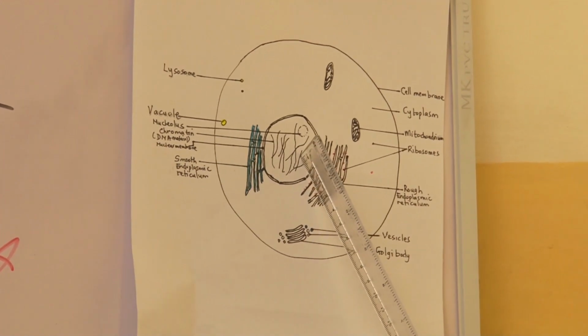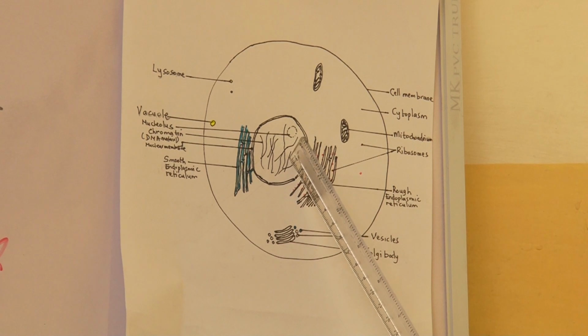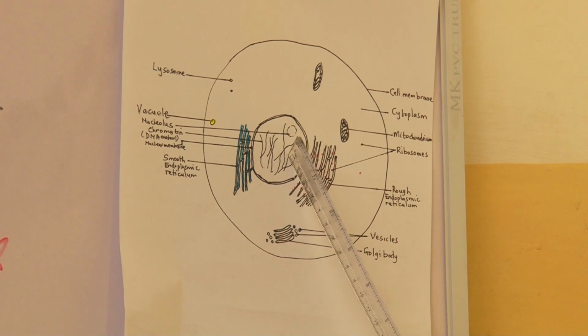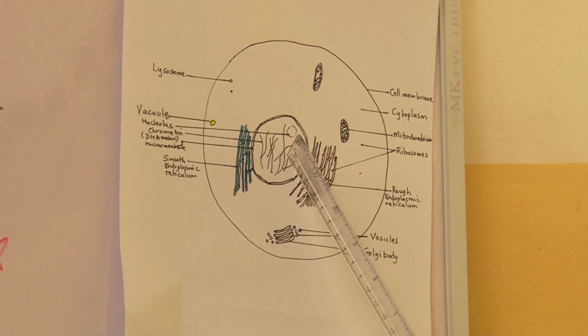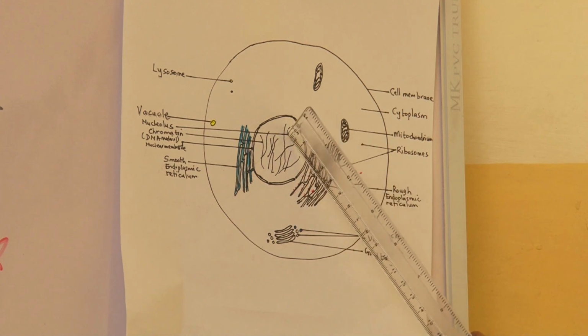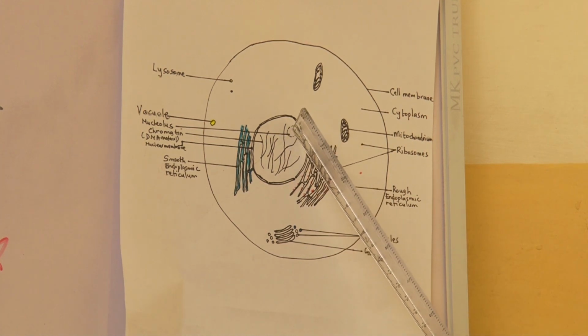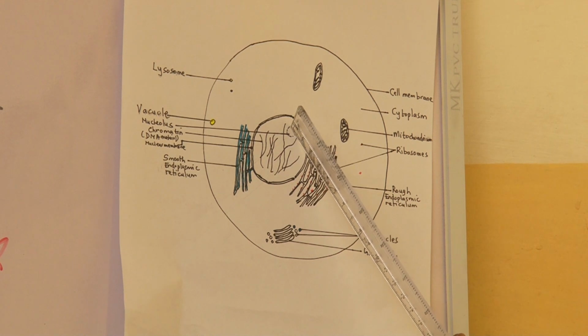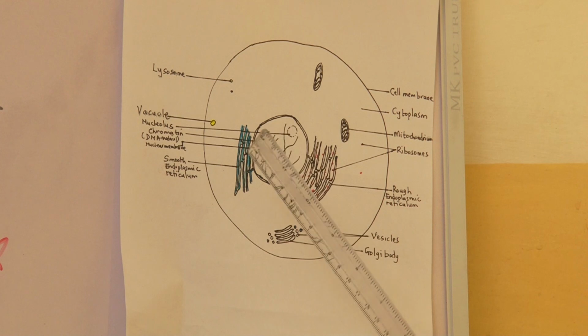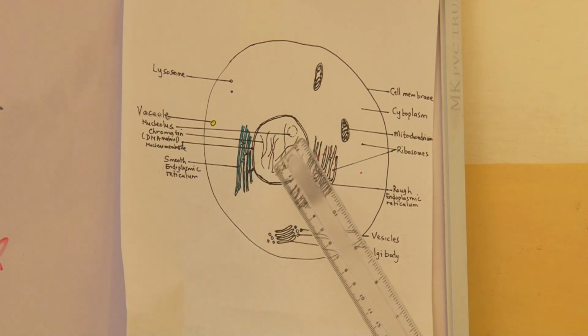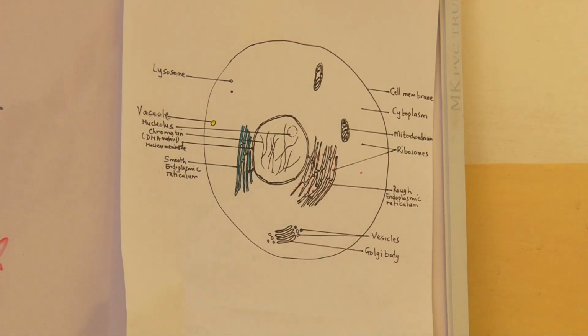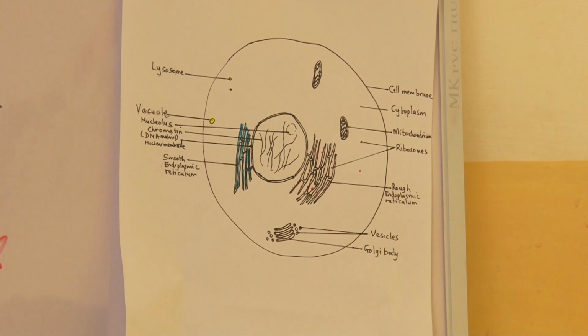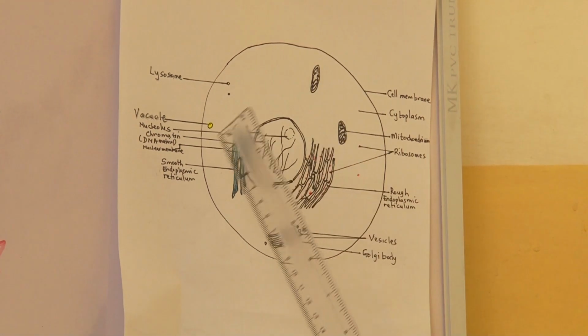You know the function of the nucleus, isn't it? It controls all the activities of the cell because of the presence of the DNA. What about the function of nucleolus? It forms RNA, ribonucleic acid. You see, the DNA can't move out of the cell, so it gives its information to form RNA.